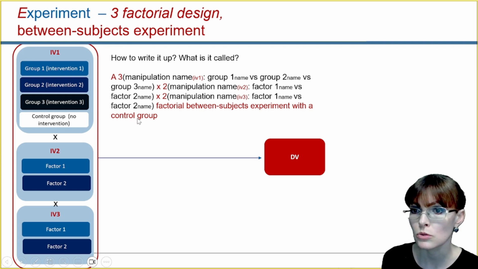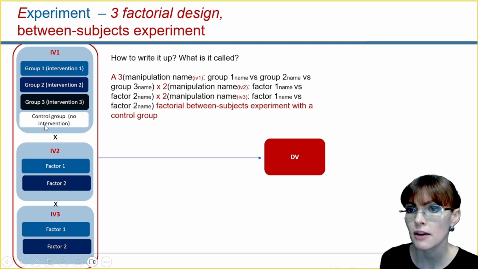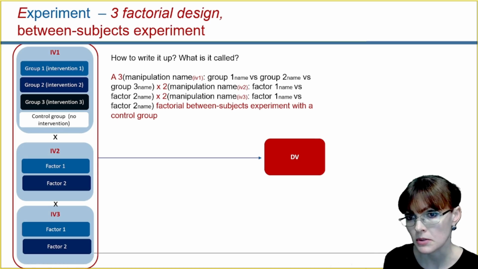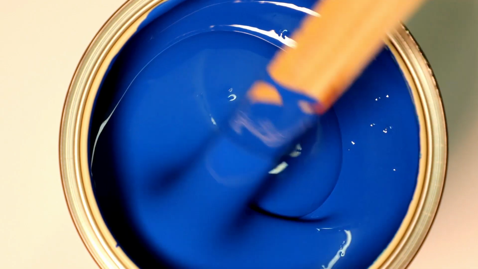I've taken the control group out because it does not have any of the variations from the first, the second, and the third variable. It is by far a more complex design, both conceptually and empirically.